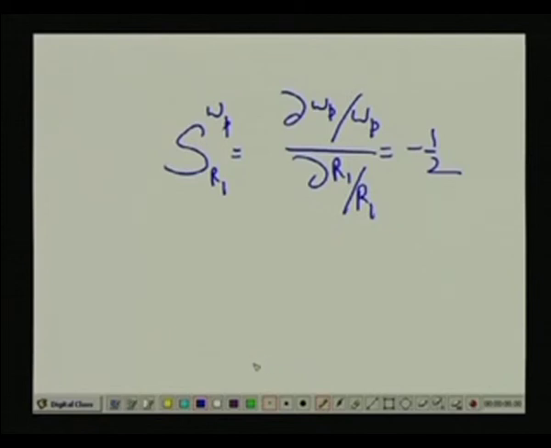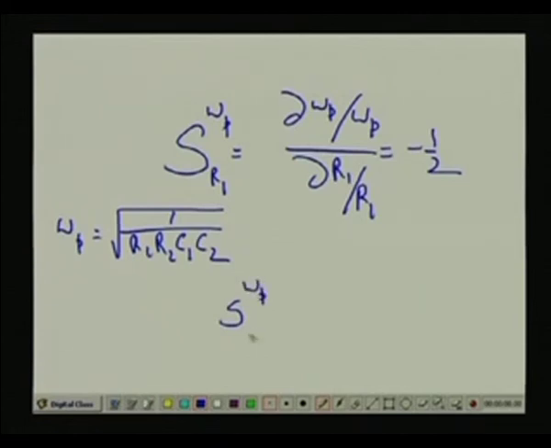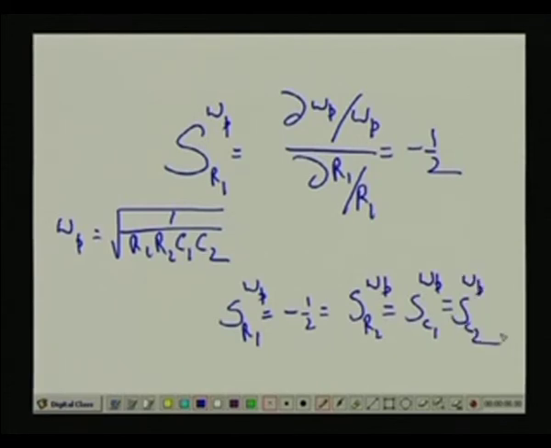Interestingly, since omega p is root over 1 upon R1 R2 C1 C2, S omega p R1 is equal to minus half, and the same for S omega p R2, S omega p C1, S omega p C2.